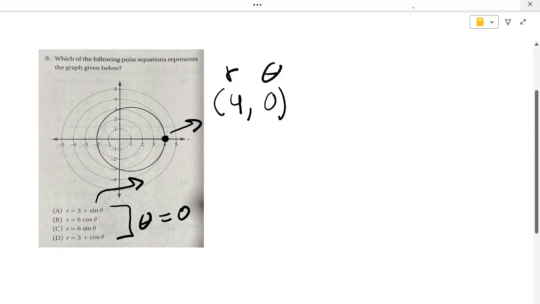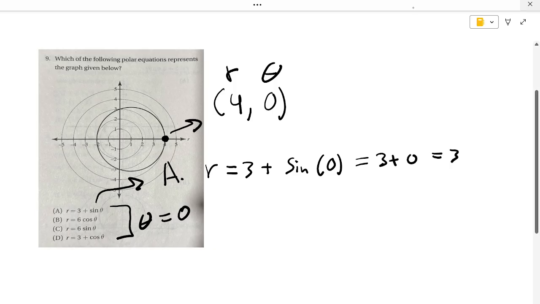Okay, so if we do that with the first one, with A, we have r equals 3 plus sine of 0. Now, sine of 0 is equal to 0, so this is 3 plus 0, which is 3. And that is not equal to 4, right? So we can eliminate that answer choice.